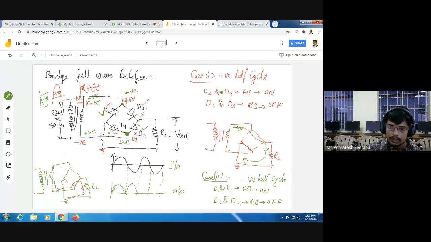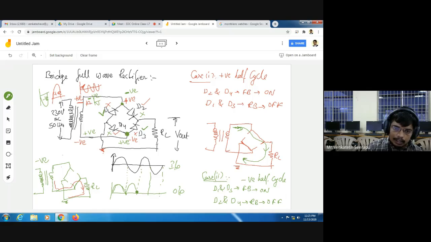Because whenever I am applying a positive half cycle, the current flows through the load resistance in this direction, up to down direction. Whereas in case of a negative half cycle also, the current flows through the load resistance in the same direction like the positive half cycle. That's why again I am getting a positive half cycle here.